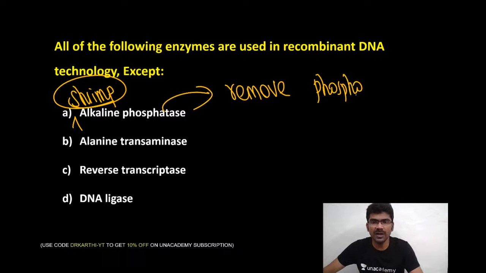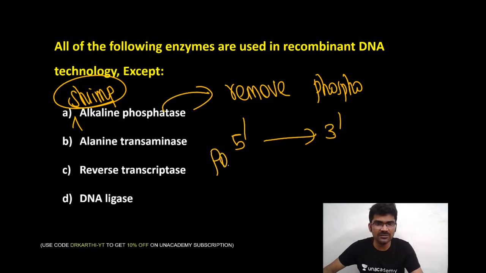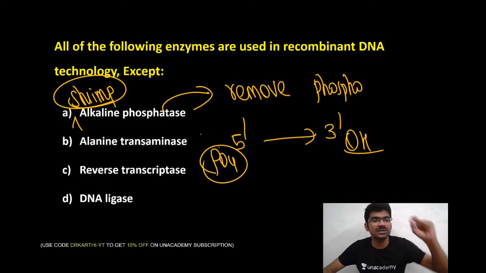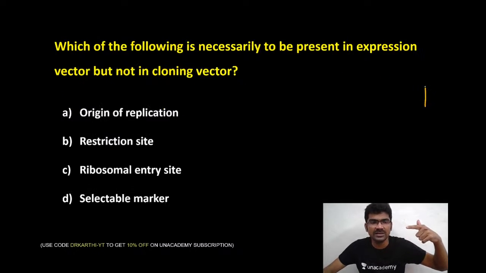You know, right? Nucleic acid sequences are always written in 5 prime to 3 prime direction. The 5 prime end has the phosphoryl group, and the 3 prime end has the OH. So from the 5 prime end, if you want to remove the phosphoryl group, you will use alkaline phosphatase.